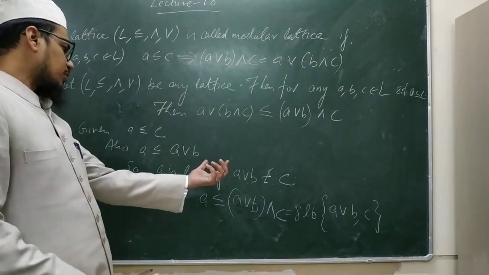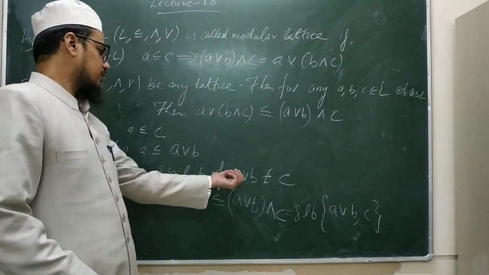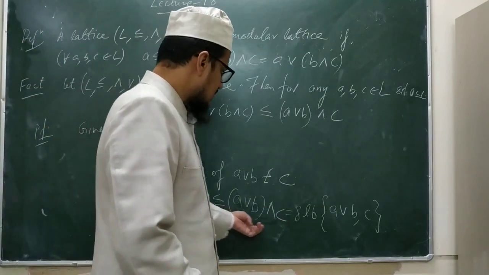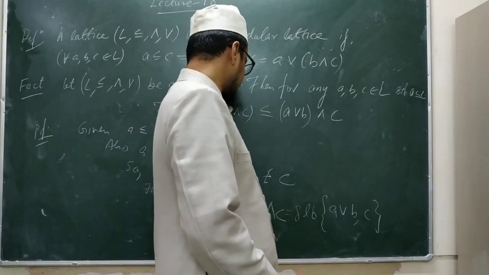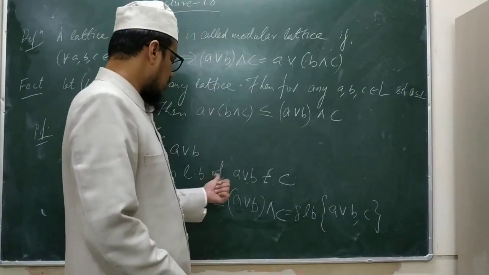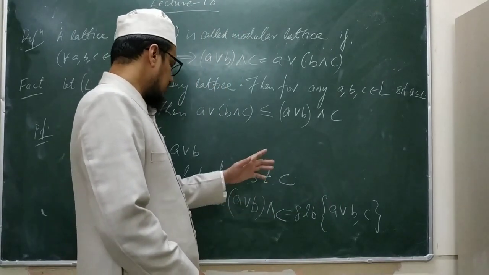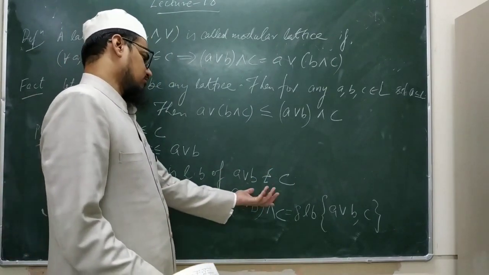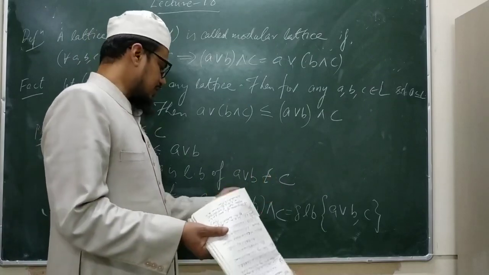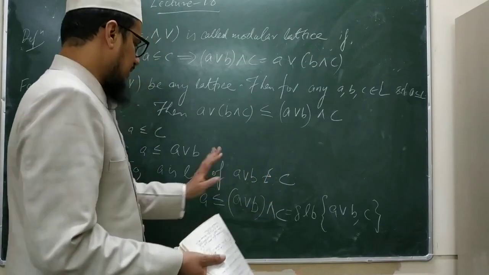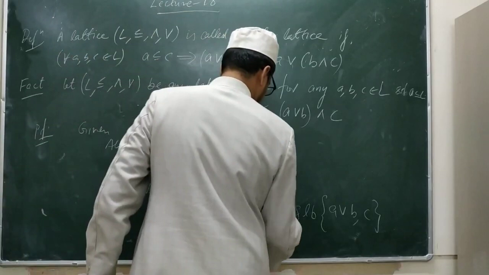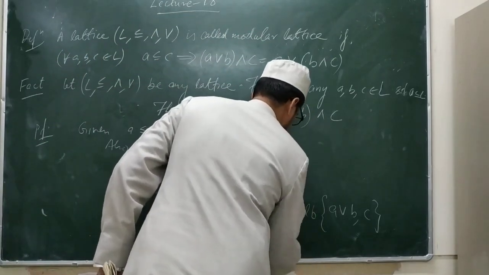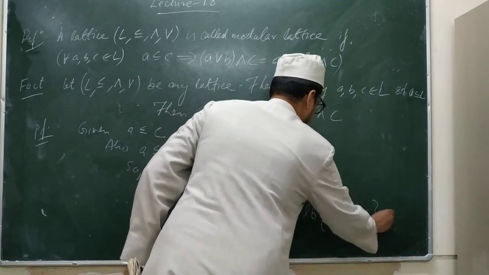And A is a lower bound of A join B and C. So it is obvious that A is less than or equal to the greatest lower bound, isn't it? This is the lower bound, this is the greatest lower bound. So we get this. You term this as equation number 1, correct? This is 1.